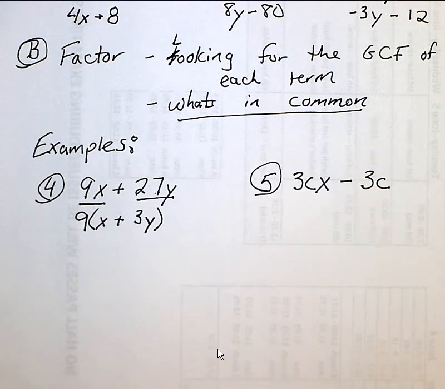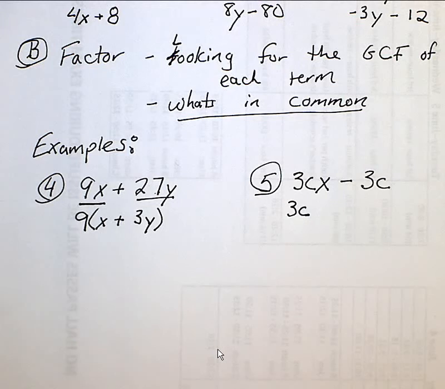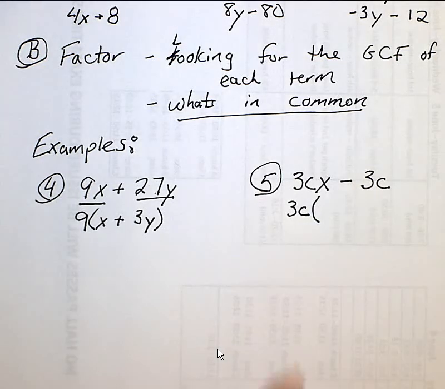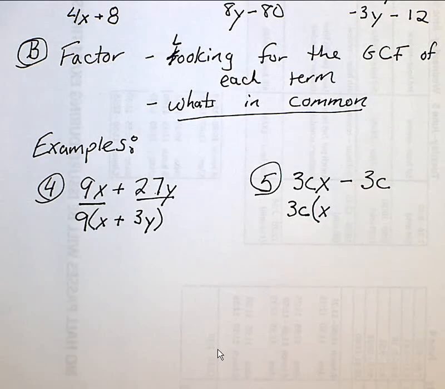So we're going to pull a 3c out front. Put a parenthesis, and then you ask yourself, what is left? And it's going to be x. And we have to ask yourself, what can I multiply 3c by to give me negative 3c? So it would be a negative 1.